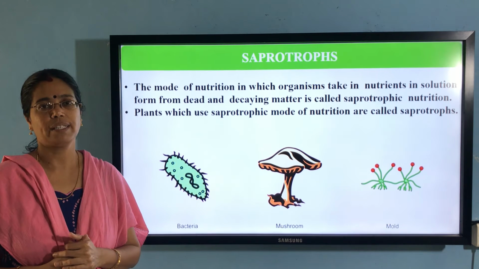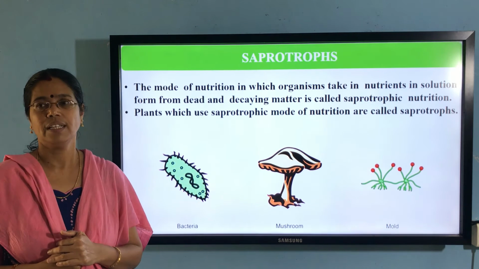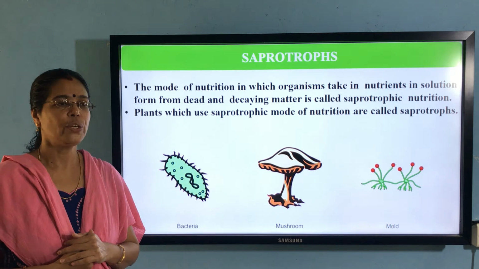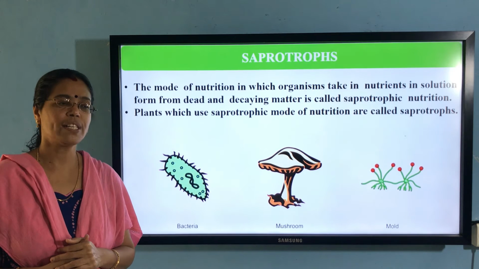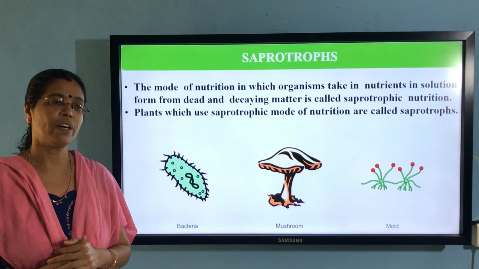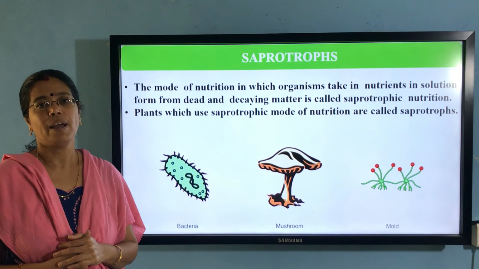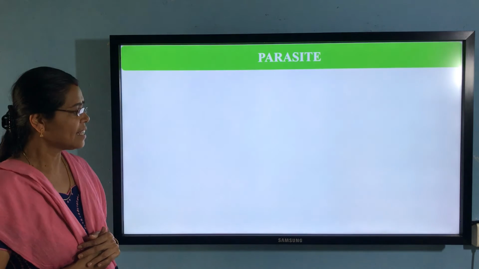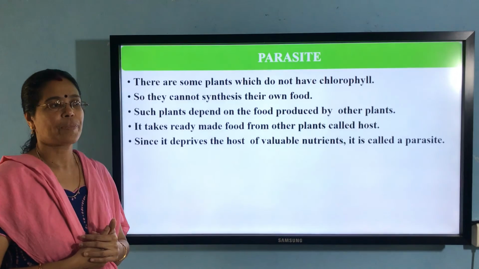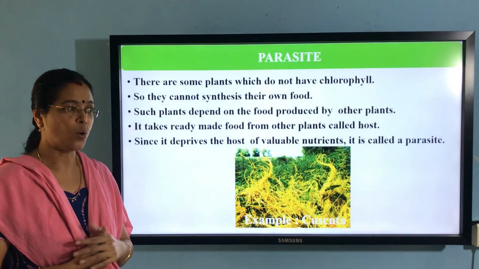Troph means nourishment. So in this nutrition, the organisms take nutrients from dead and decaying matter. This mode of nutrition is called the saprotrophic mode of nutrition and these organisms are called saprotrophs. Examples: fungi, mushroom and mold.